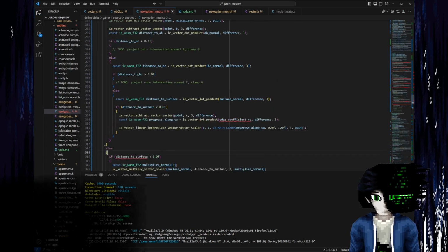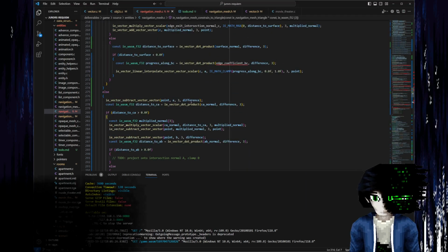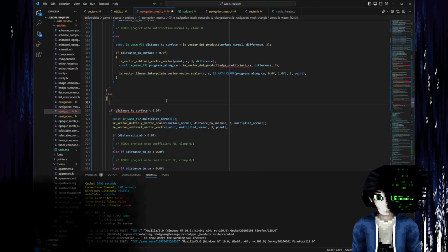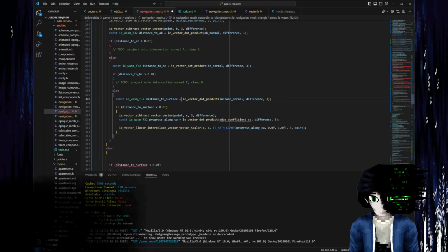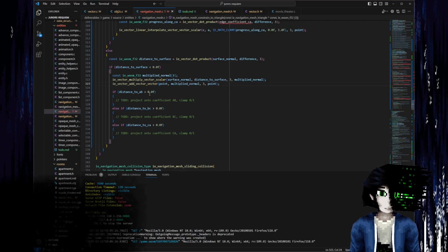So at this point, what is going to be in our difference variable? It's going to be point A. That's fine. And we actually want to add that vector, not subtract it, as we're pushing it up to the surface rather than pulling it back from the surface, so that makes sense.